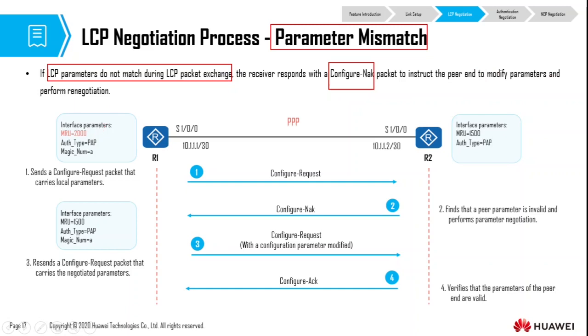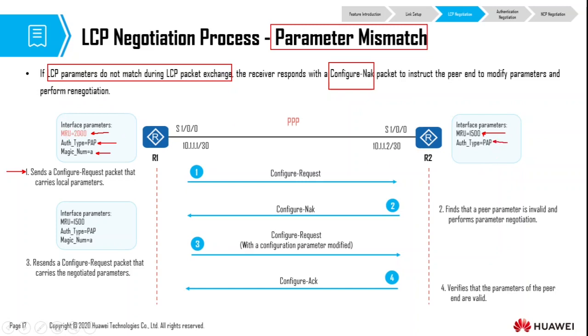So you can see here on step number 1, we send some parameters: MRU 2000, authentication type PAP, magic number A. Magic number is normally a random number. Now, on the peer end R2, the MRU is set to 1500, while here it is set to 2000.